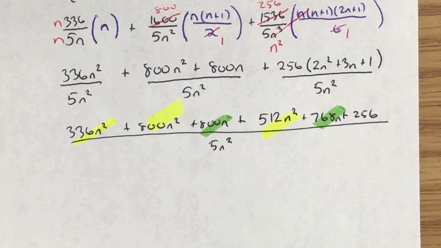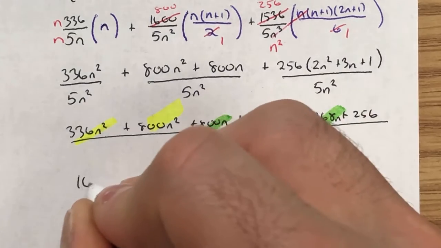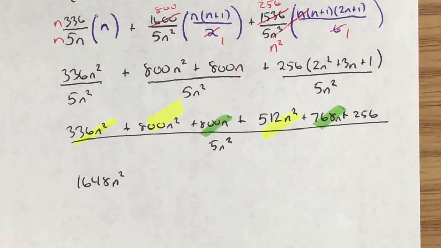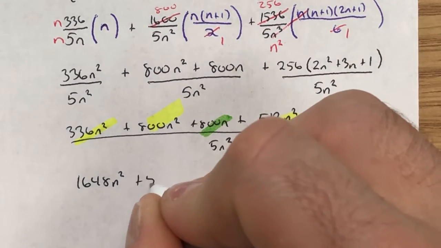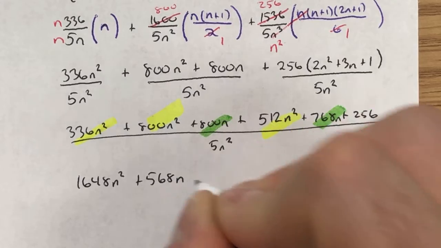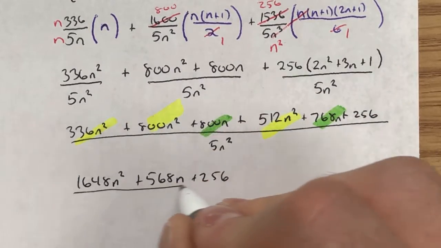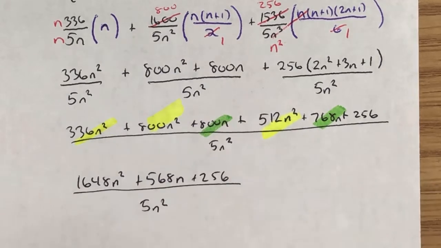So we got 336 plus 800 plus 512 is going to give us 1648. And then we have 800 plus 768 is going to give us 1568. And then we have 256 over there.